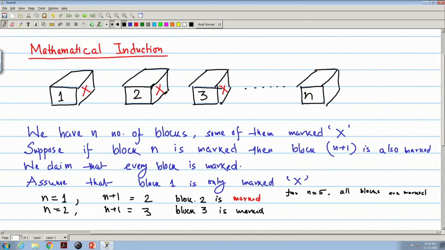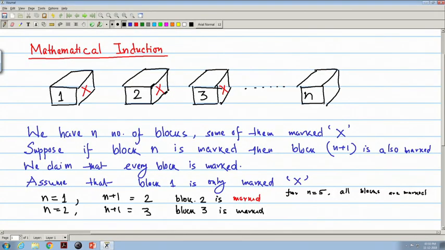Then if I consider n plus 1, that means block 6, then it can be marked. So we can prove that for every n greater than or equal to 1, all blocks are marked.